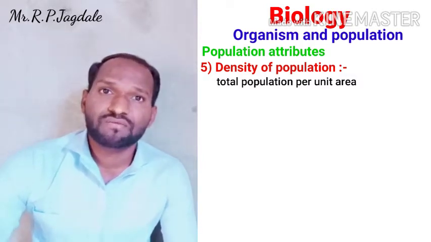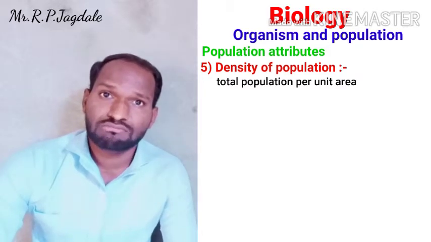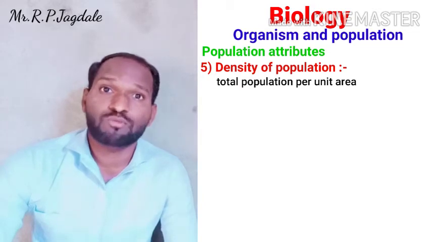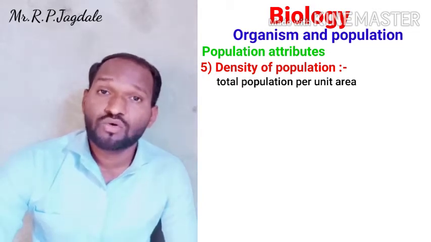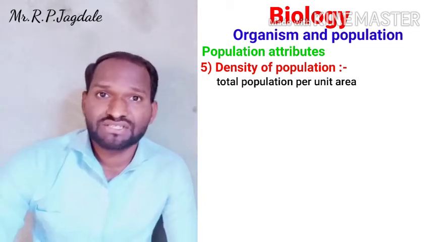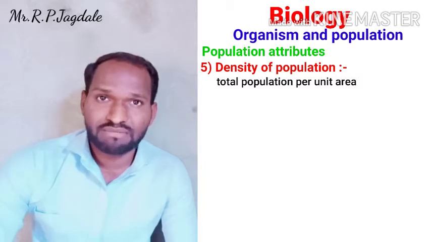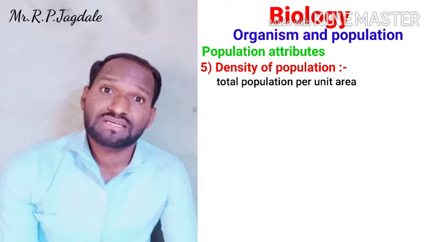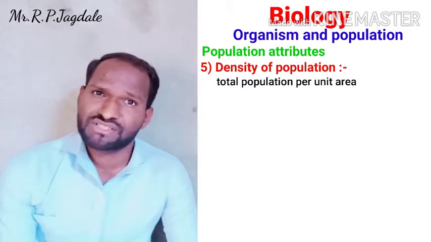That means we know the total number of population, but in how much area this population is there. So here the area is considered. In lower organisms we will consider a smaller area, that means something like square feet.